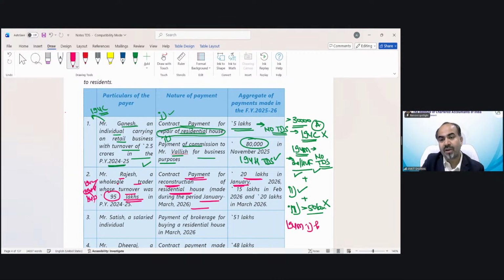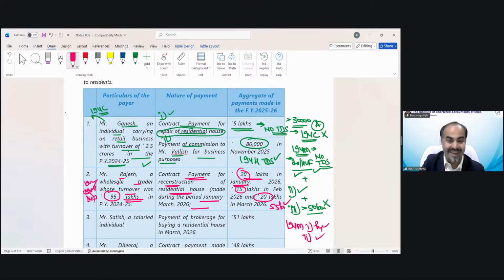You can see the payer is included, with no personal benefit under section 194M. So whether it's residential or commercial, that is also included. Now we just need to check the limit of 50 lakh rupees. The payment in January of 20 lakh is not applicable right now. Then 15 in February, total 35 lakh rupees, not applicable. And March 20 lakh, so the total payment is 55 lakh rupees.